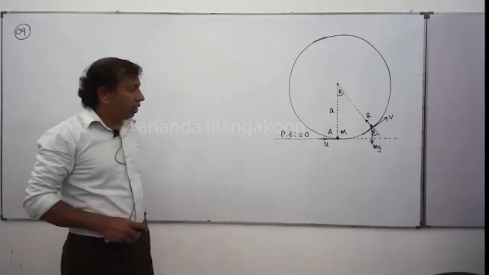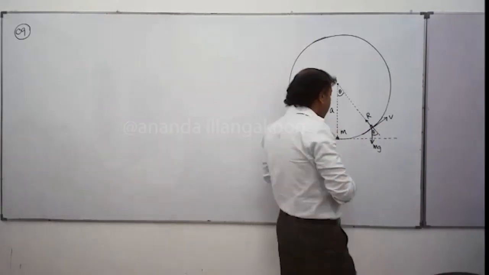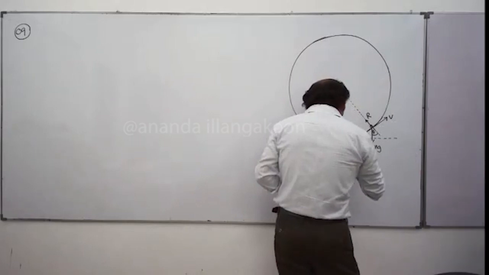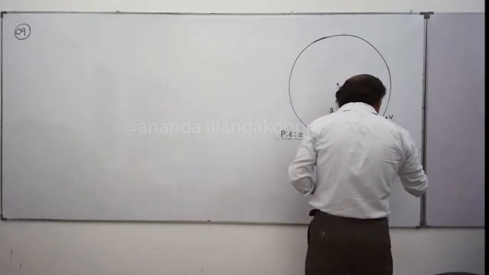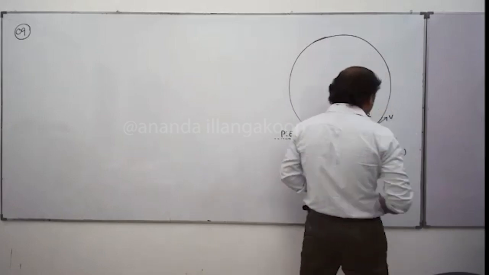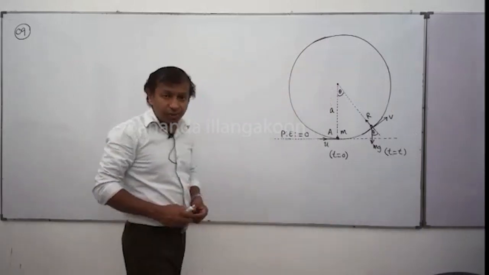Secondly, at t equals t, this moment is the t equals t moment, and this is the t equals 0 moment. At t equals t, we apply F equals ma.